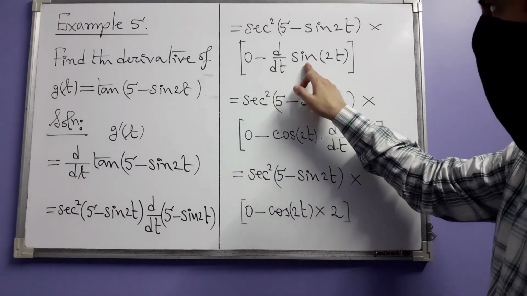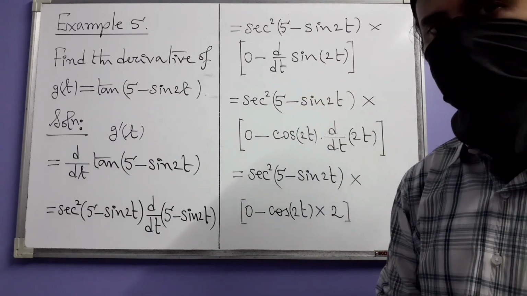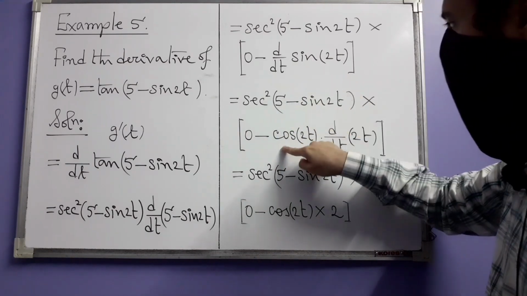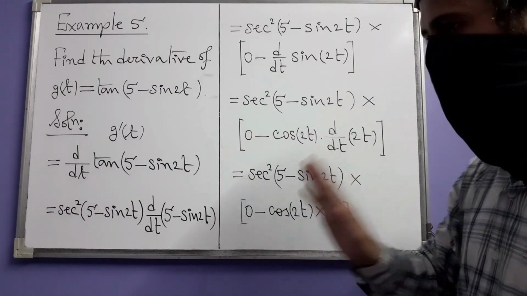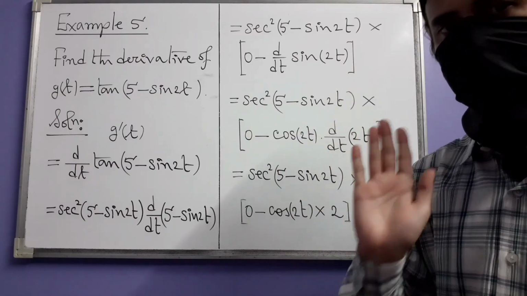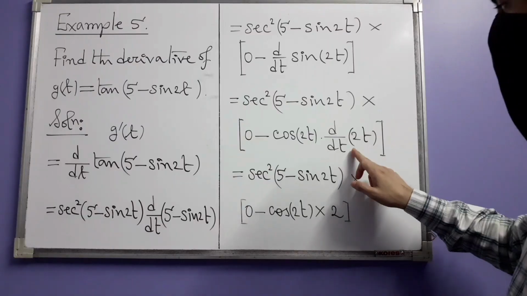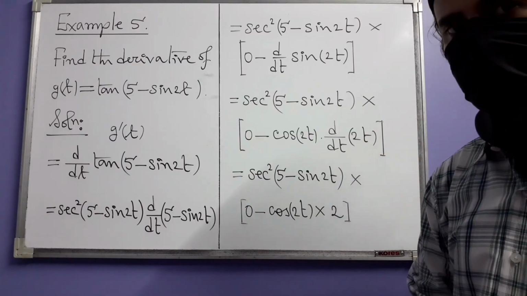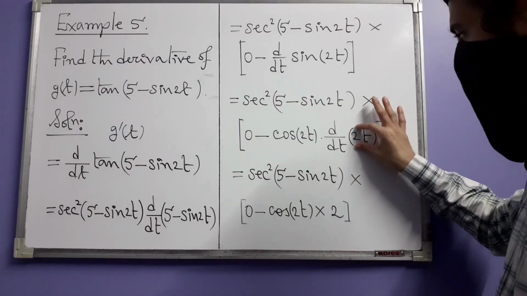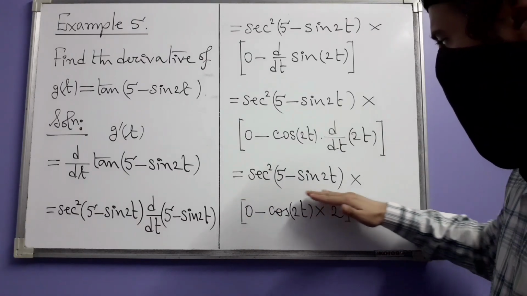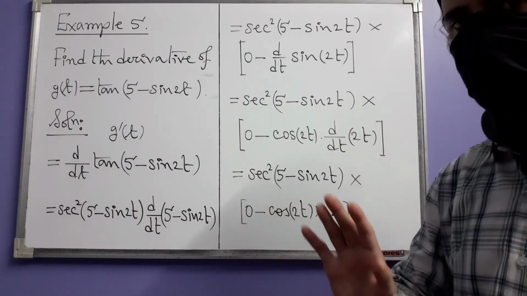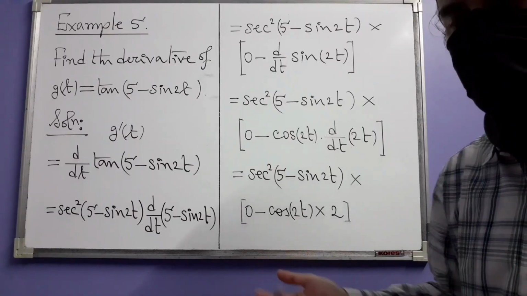So then this part of course remains the same, 0 minus. So what happens when I enter this sine part of the room? It gets turned into cos, but its inner part 2t remains unaffected even at this stage. But then now I am going to affect 2t, and when I do affect 2t I get 2. So now finally this is where we are standing.